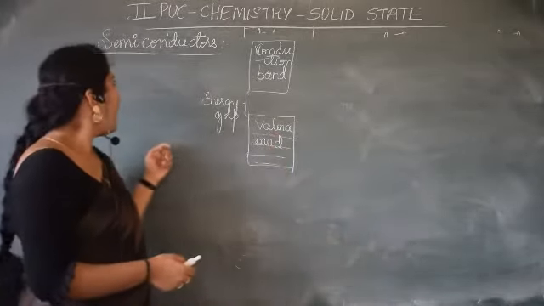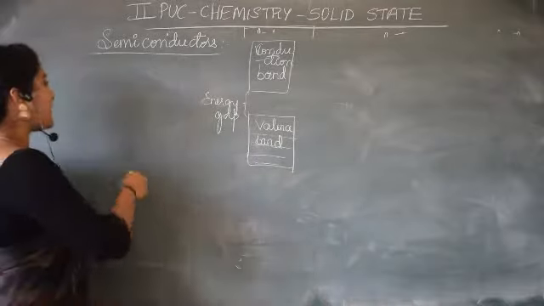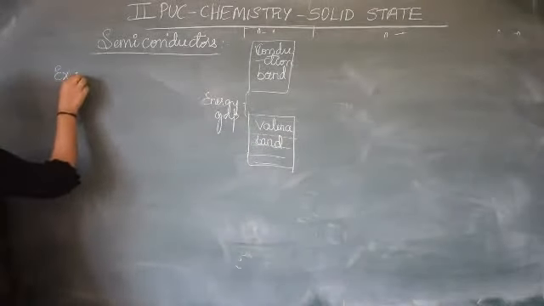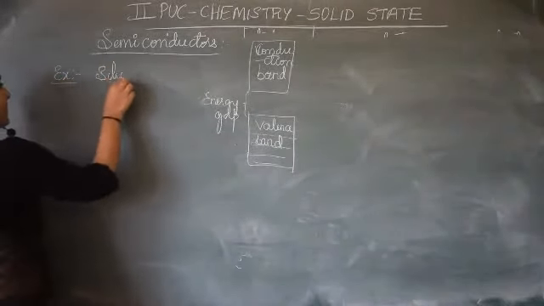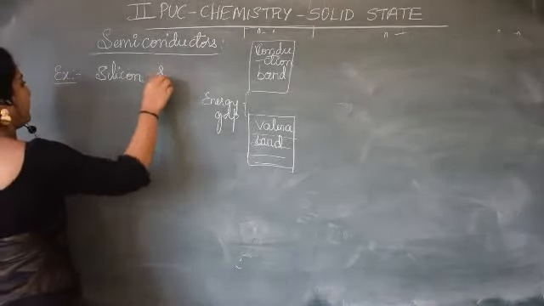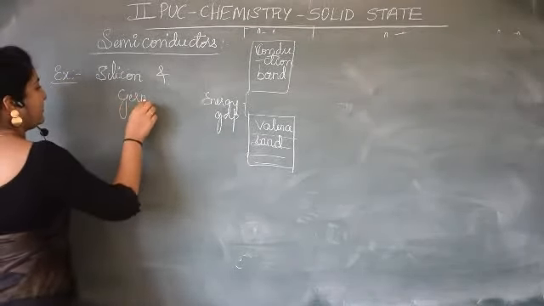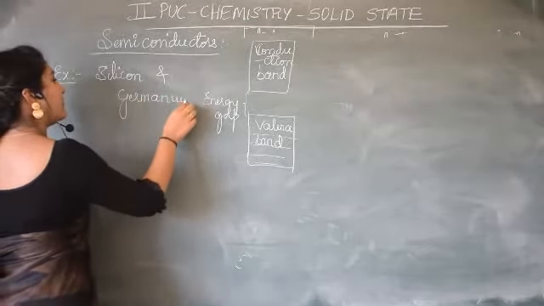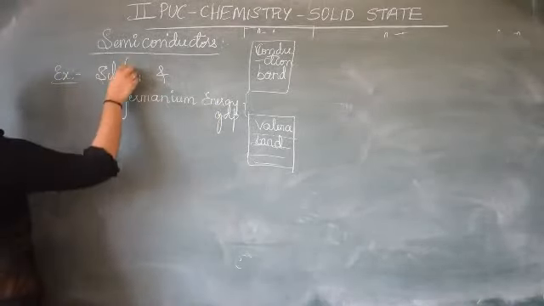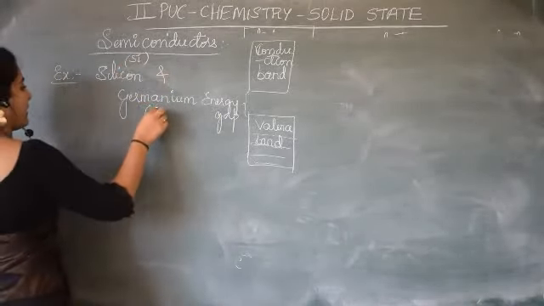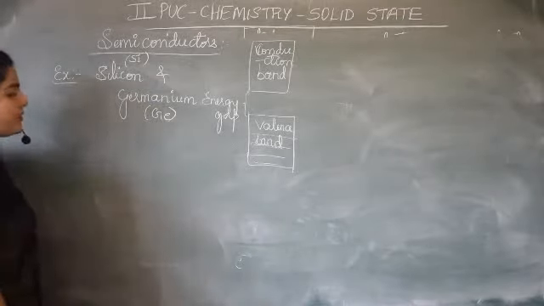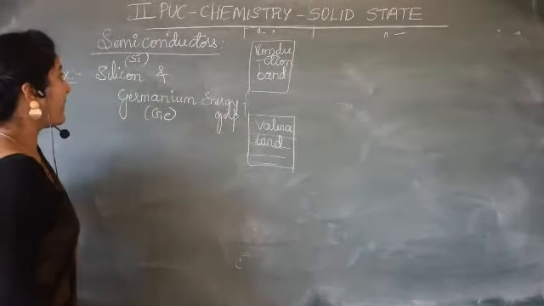In the case of semiconductors, the important examples are silicon and germanium. Germanium is denoted as Ge.